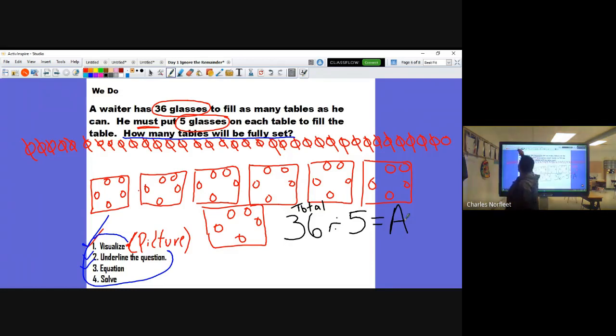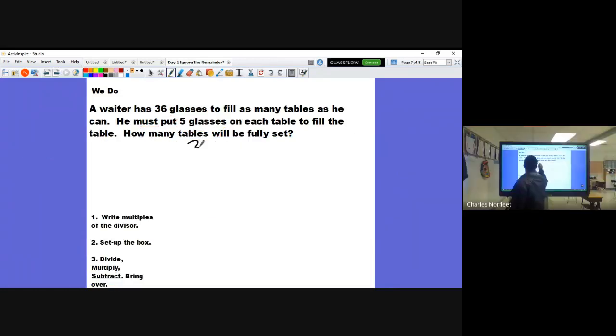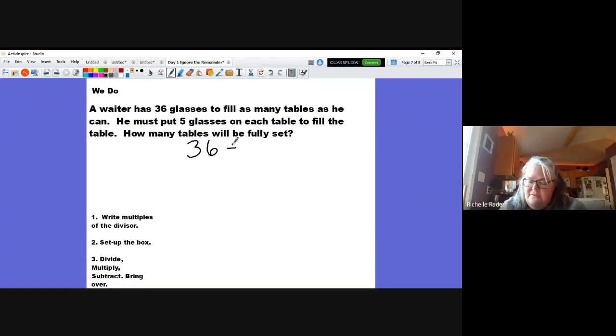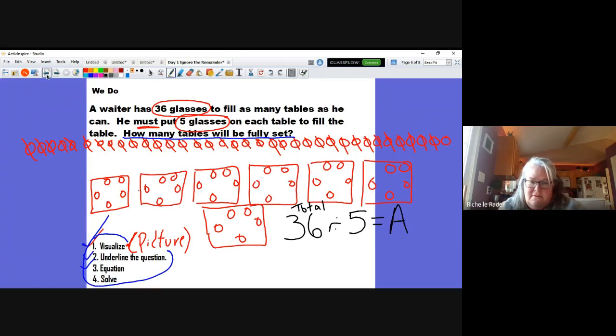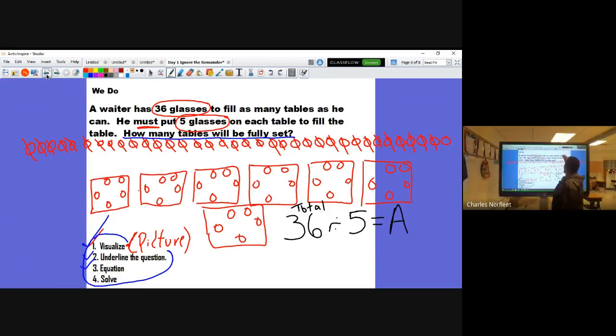Great job, buddy. Mr. Norfleet, go back to that page because your division sign looks like an R. Yeah, my pen is doing something crazy. I just didn't want him to get confused there. Let me erase it. I think my board is about to freeze or something.